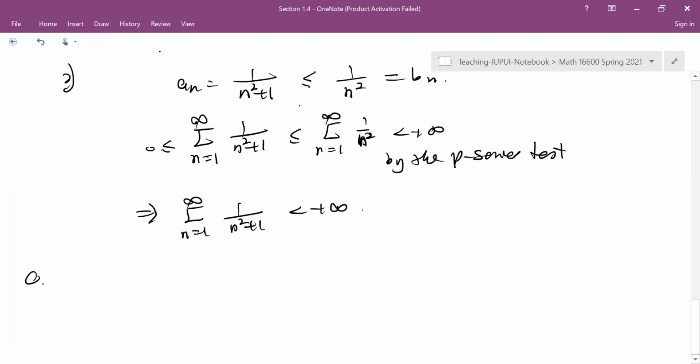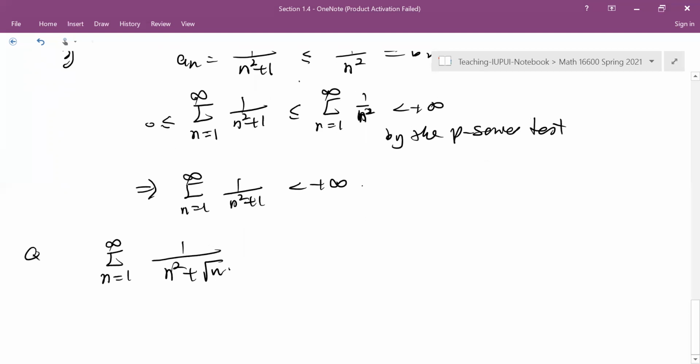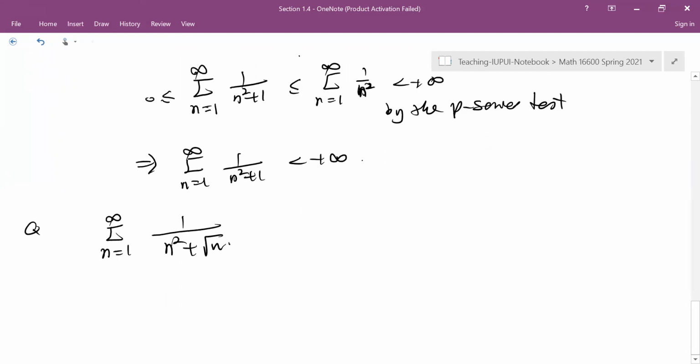For example, if I modify this series in this form, now can you use an integral test to prove it? I think it's very difficult because you cannot evaluate the corresponding integral. So if you use the integral test, how do you know this is convergent? You still have to use a comparison test.